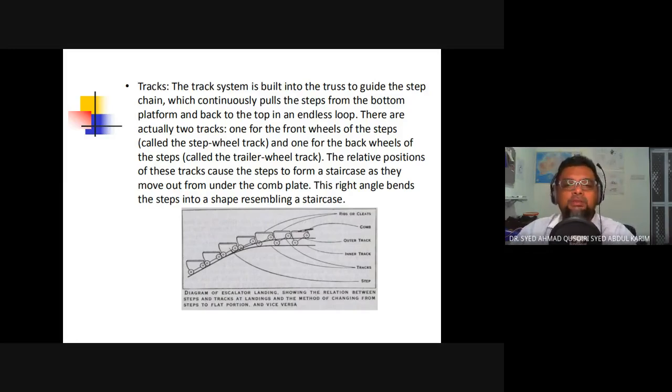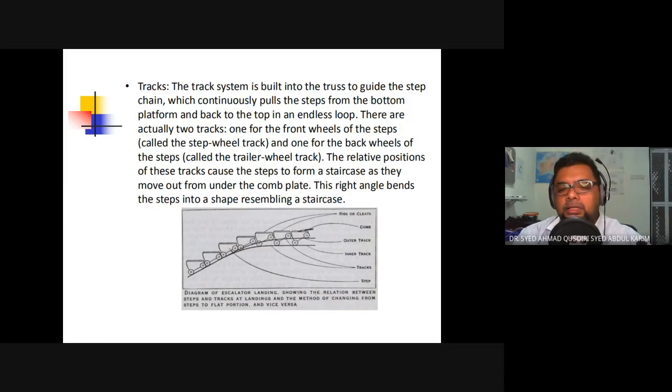So there are actually two tracks, one for the front wheels of the steps. This is called the step wheel track. And one more for the back wheel, called the trailer wheel track. The relative positions of these tracks cause the steps to form a staircase.